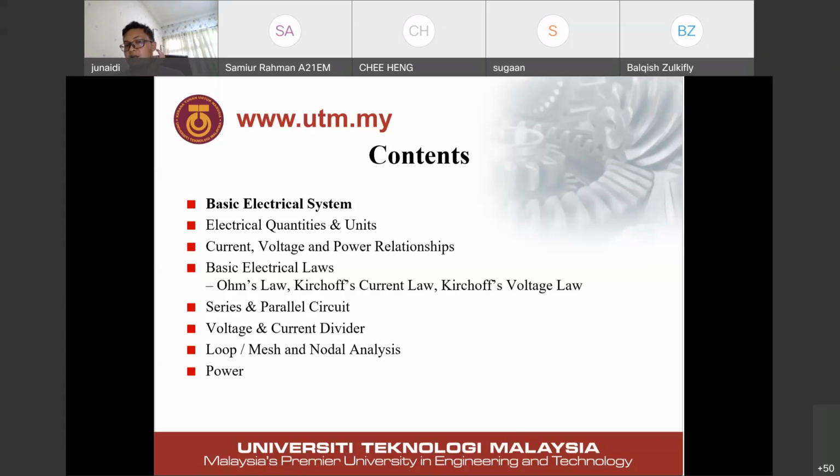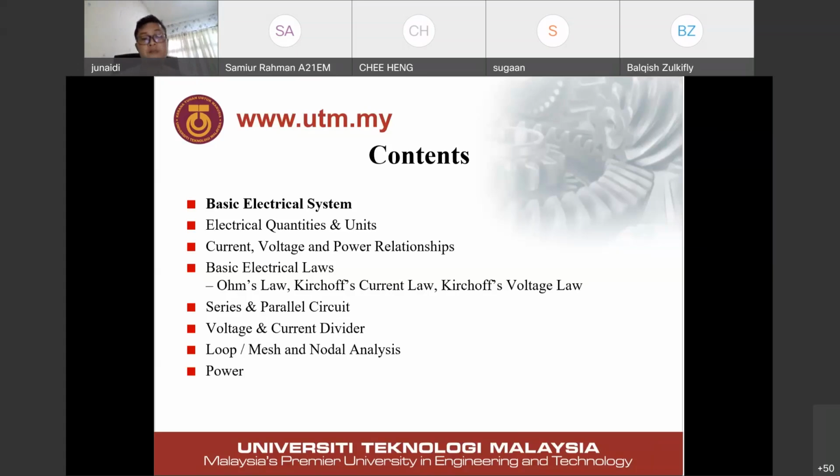KVL and KCL. Then series circuits, parallel circuits, and a combination of both, and then the voltage and current divider rule, which we consider basic methods. Followed by the second and third methods, loop and nodal analysis. Loop or mesh, we can call it loop or mesh.